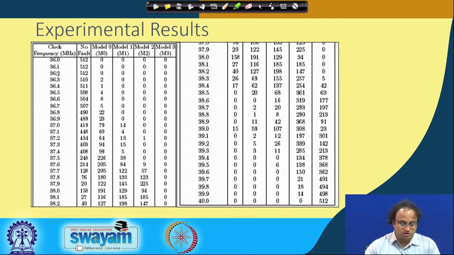When I try to increase the clock frequency, for example to 36.3 megahertz, I start to get the first signs of faults. As you can see, the number of no-fault cases is now reduced to 510, and I get 2 faults which belong to the model M0. That means the fault is restricted to one diagonal. It may be in 2 bytes, but the fault is not going across diagonals.